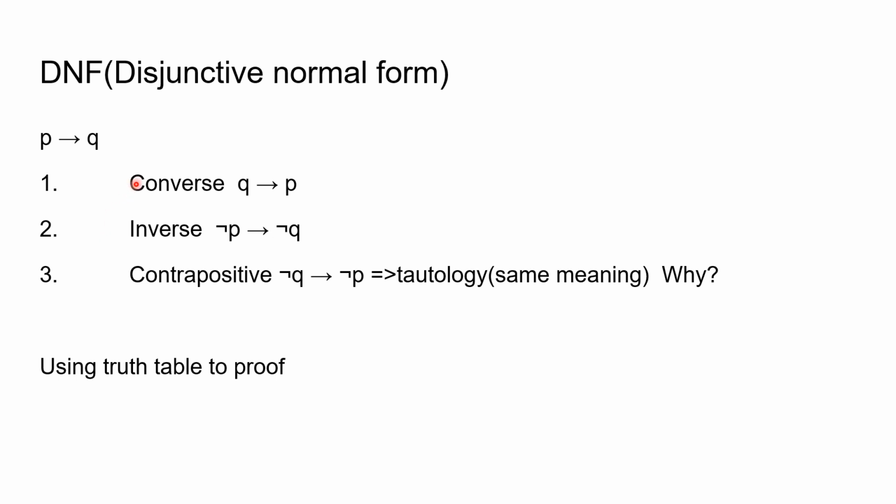There are three types of variation. First is converse. It will change the place of the propositions. P implies Q will be transformed into Q implies P.